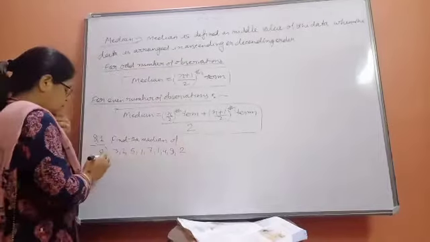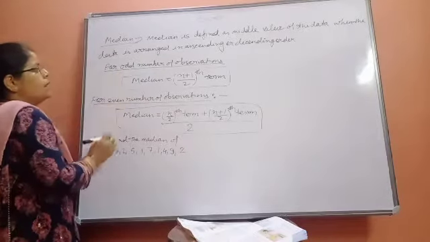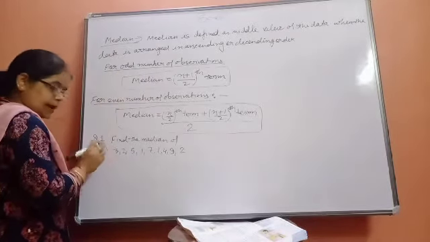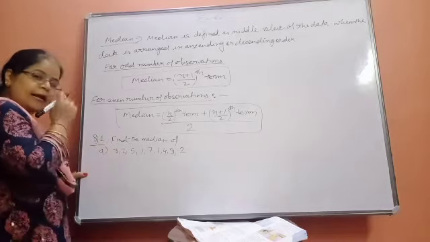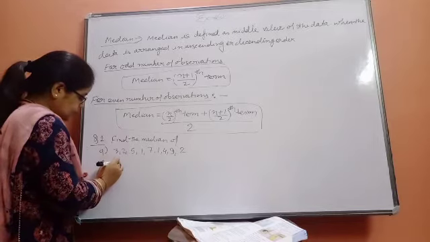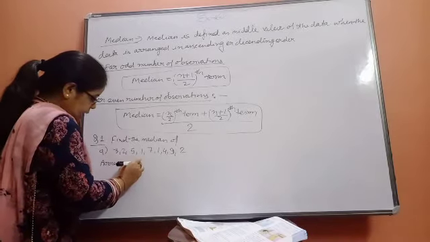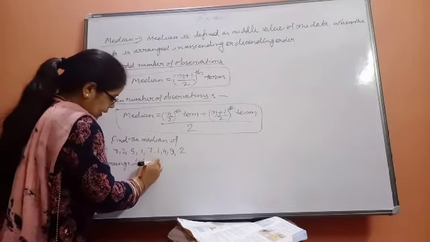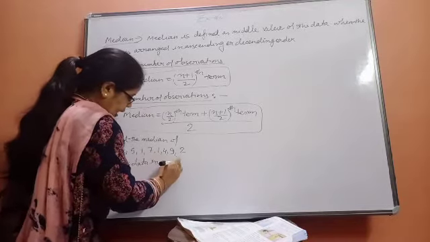Beta, first of all, what will be step one? To arrange the data in ascending order. I am arranging in ascending; you can arrange in descending order also.